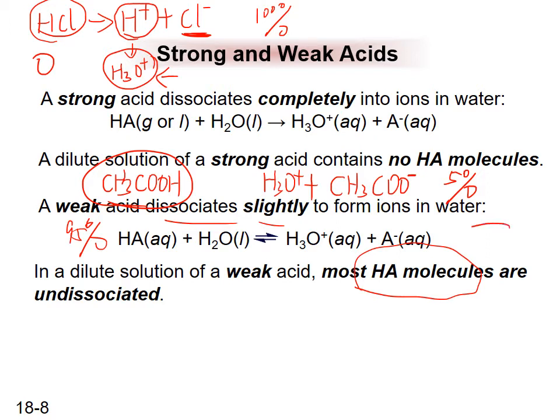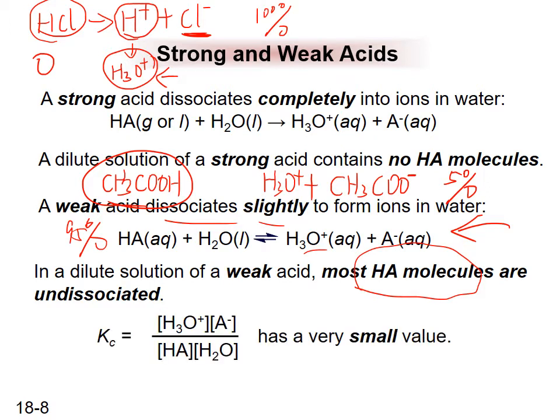So for this acid reaction with water, the dissociation reaction, the K constant is the products divided by reactants. So the products are the hydrogen ion and the anion, divided by the unreacted acid molecule and water.